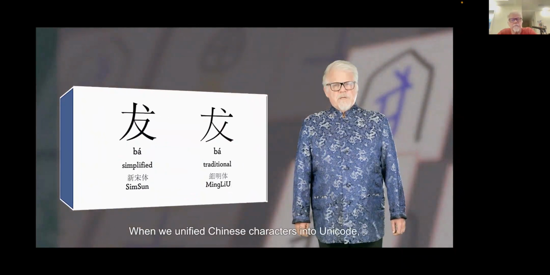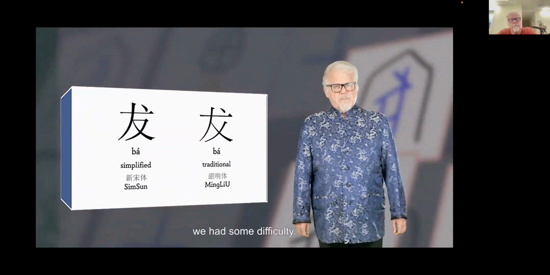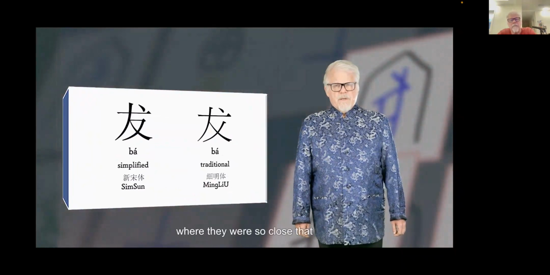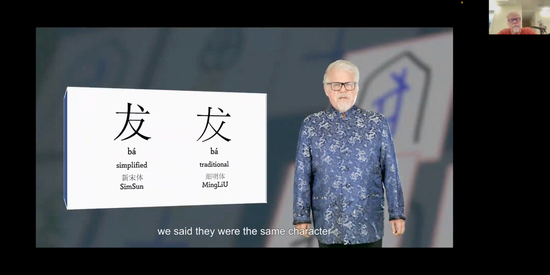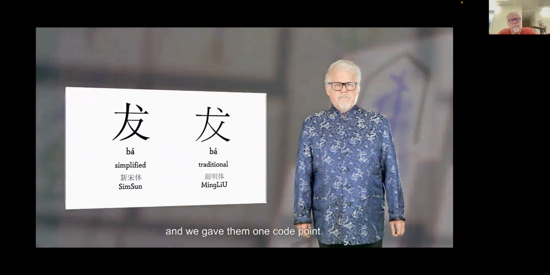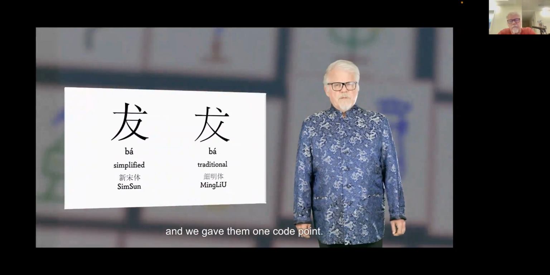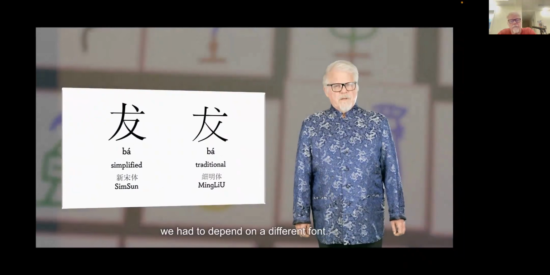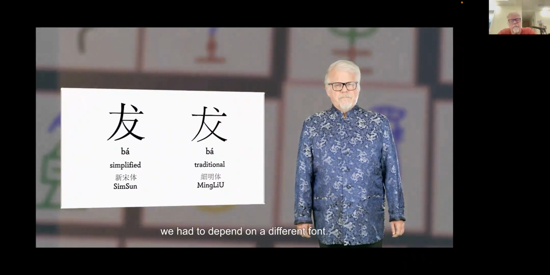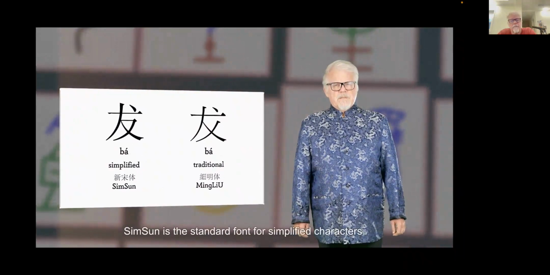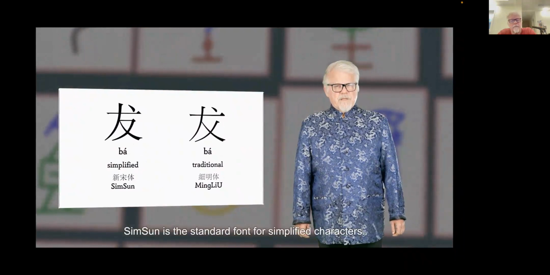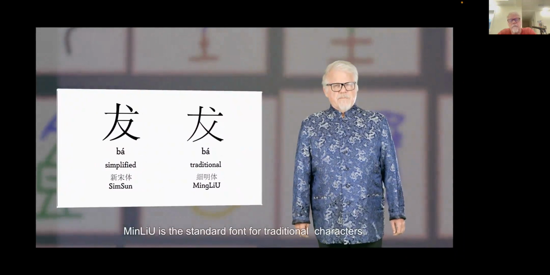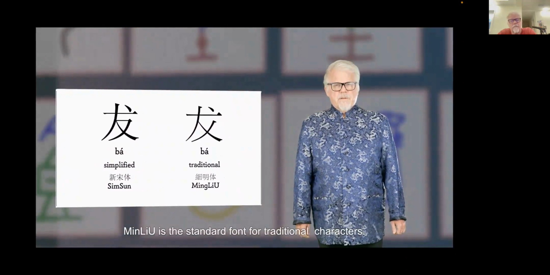When we unified Chinese characters into Unicode, we had some difficulty. There were some characters, like this one, where they were so close that we said they were the same character. And we gave them 1 code point. If we wanted to make them look different, we had to depend on a different font. Simsun is the standard font for simplified characters. Min Li Yu is the standard font for traditional characters.